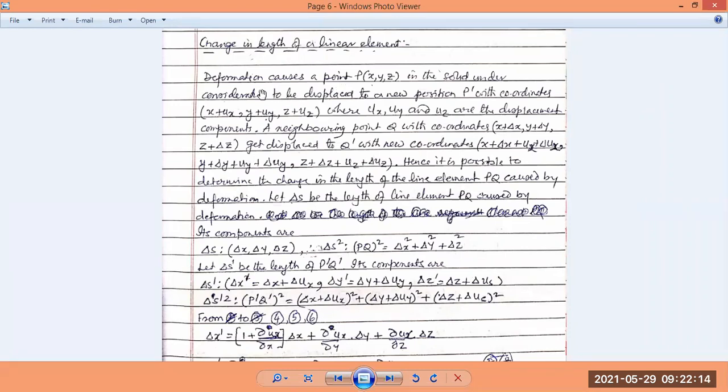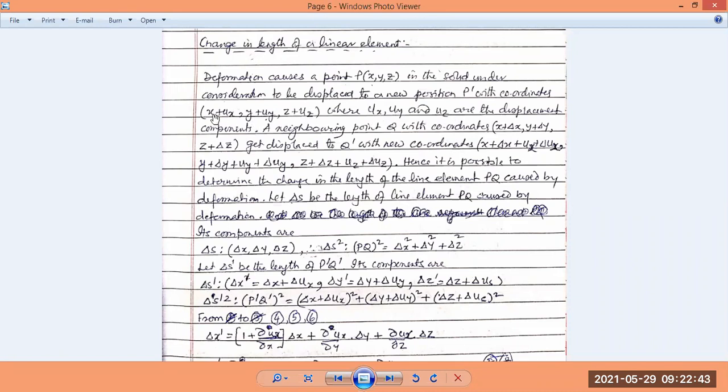What we have done so far is that deformation causes a point P, whose coordinates are given as x, y, z in a Cartesian coordinate system in the solid under consideration, to be displaced to a new position P dash. So here P is changing to P dash with coordinates x plus ux, y plus uy, and z plus uz, where ux, uy, and uz are the displacement components.